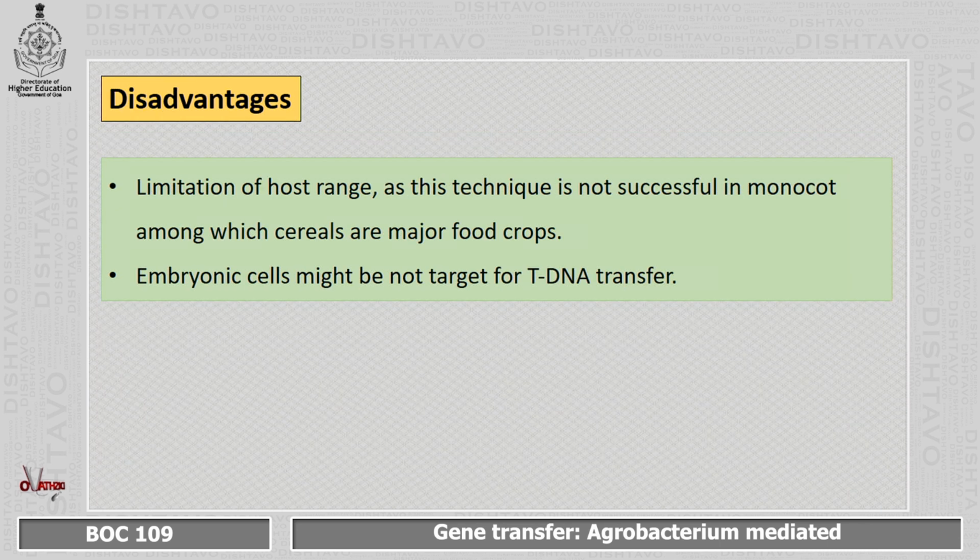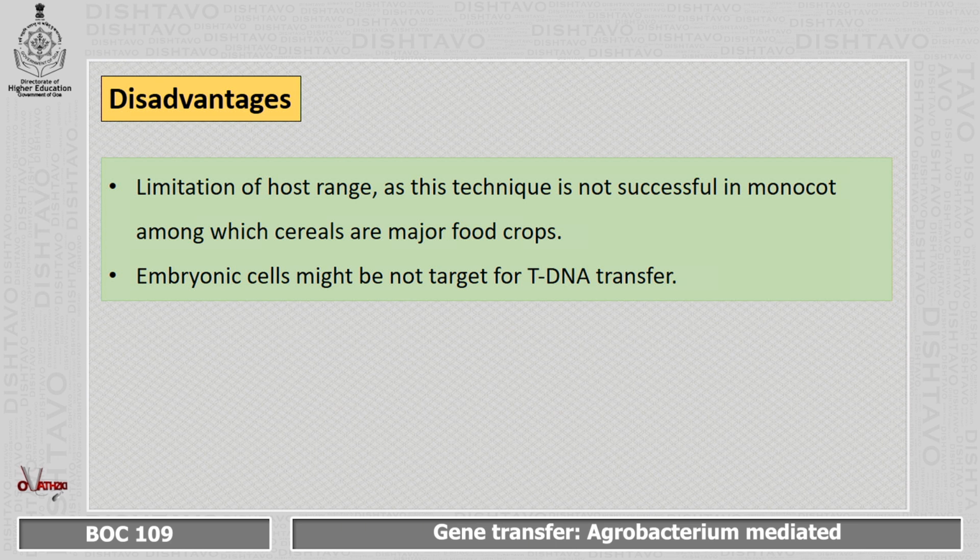There is one disadvantage to this method, that is the limitation of host range, because this technique using Agrobacterium tumefaciens is not able to infect monocots. It is applicable only for dicot plants, and in monocots, cereals are the major food crops.